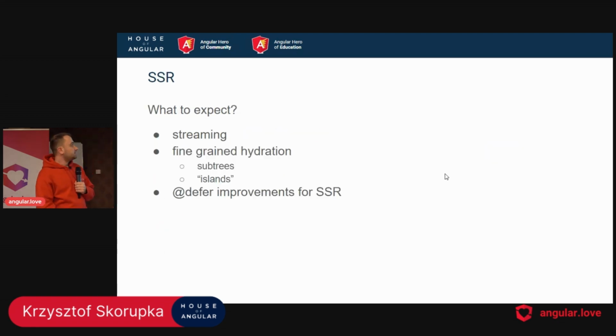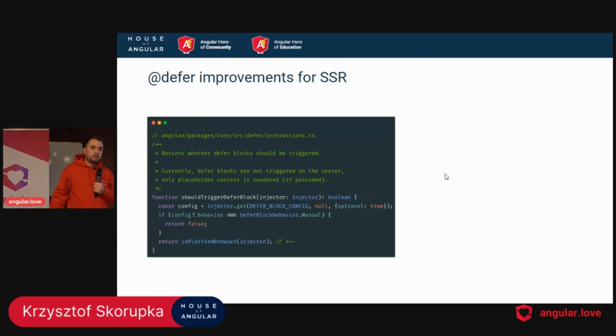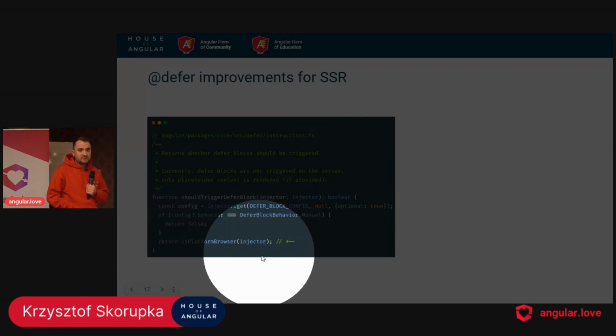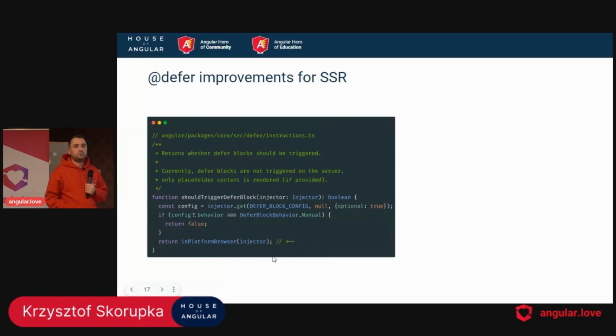Okay, so then the next thing that we have for the SSR is defer improvements. So right now, if you look into the code of the defer in the Angular framework, you can notice this last line here, which checks which platform we use.